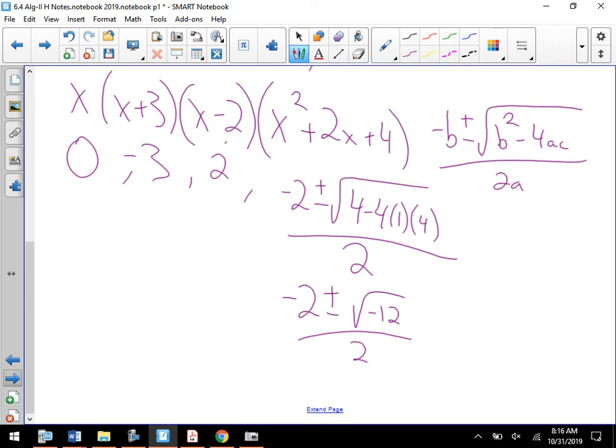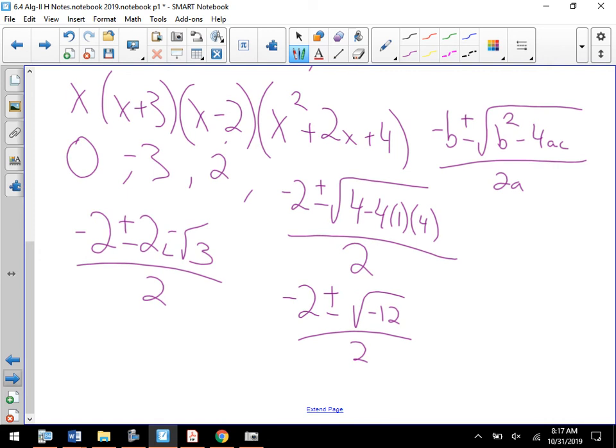Very good. 2i root 3. So now I'm at -2 plus or minus 2i root 3, all over 2. -1. Very good. I want to make sure you saw the -1. When you simplify this out, notice all 3 of the main coefficients are even. In fact, they're all 2's.